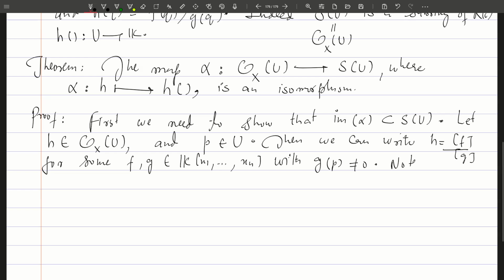So note that p is inside the set X minus the zero set of g. I mean, it is inside U but not a zero of g. So one can note that Z of g is closed, so this is an open set.